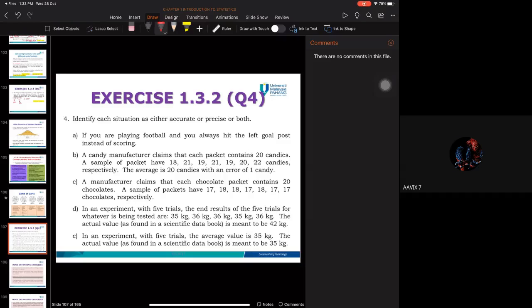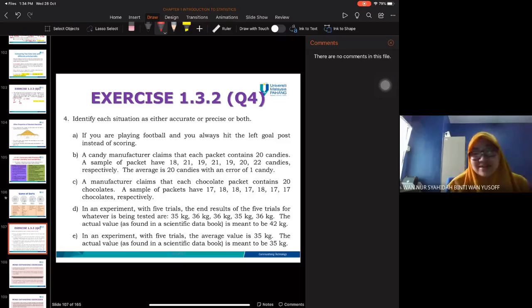Both? Only one value. I think it's only accurate because we don't know the measured value here.